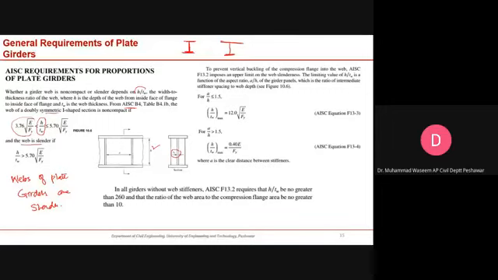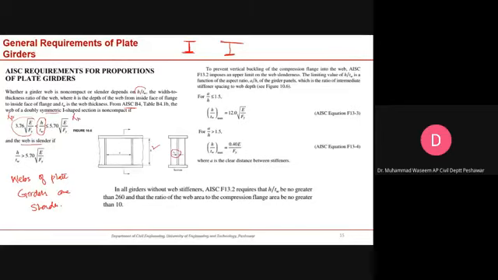Okay, we were discussing how to check the slenderness of a web. There are two limits here. You have the depth to thickness ratio, and if this ratio falls in between these empirical values, this is lambda p and this is lambda r.